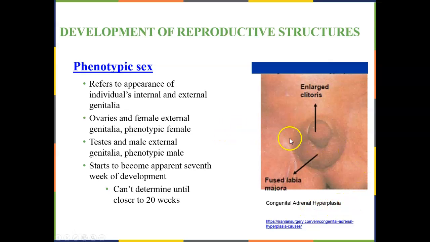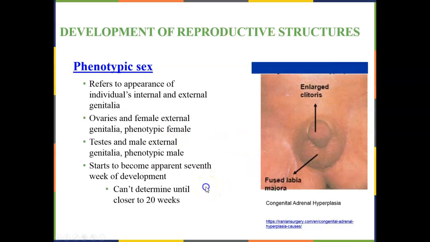In this case, the infant's adrenal glands produced a lot of testosterone. And when they did, the labia majora fused, so that's what you're seeing here. It looks like a scrotal sac, and the clitoral head enlarged to look like a small penis. This can actually cause problems if people aren't sure if their child is phenotypically or genotypically male or female.